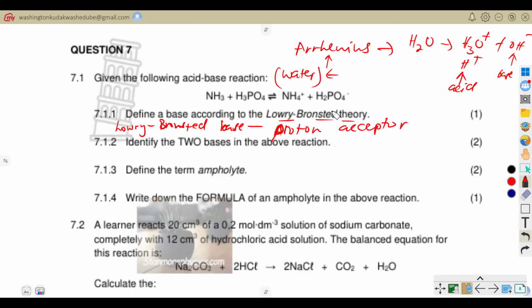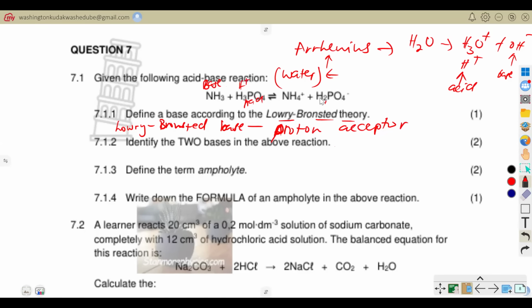So according to Lowry-Bronsted theory, look for the one that donates H plus. You can see that from H3PO4 now comes H2PO4, so it has donated H plus. So this one is an acid. And then this one becomes a base because it received.